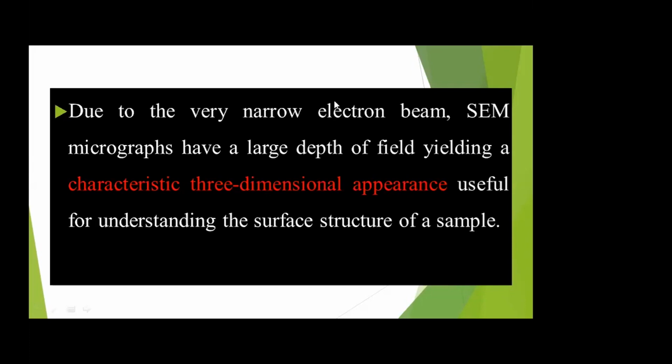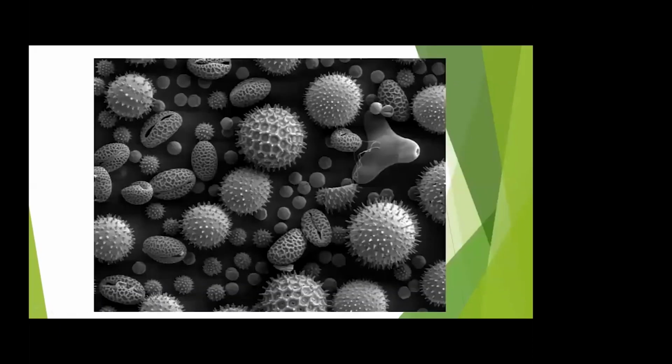This is very useful for us to understand the surface structure of a sample. You can see in this picture a scanning electron microscopic image of pollen grains. See how beautifully a three-dimensional image is created here so that you can easily understand the structure of the pollen grains.